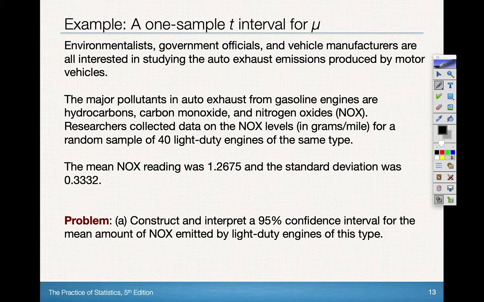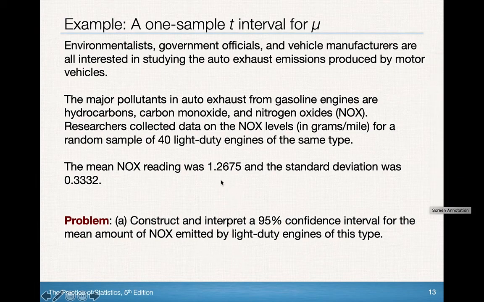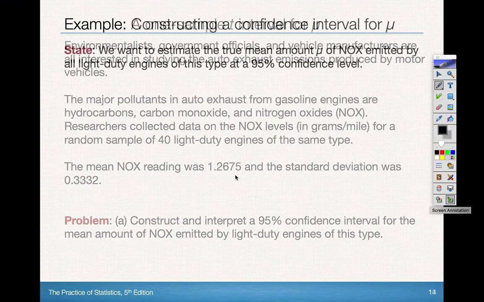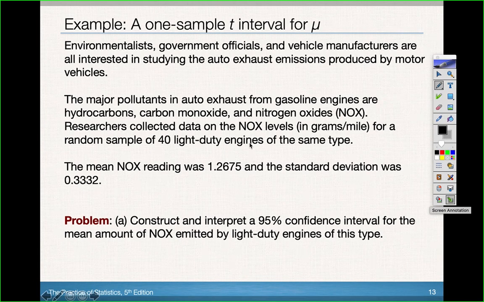Well, we have a lot of things on here that are already good to go. What do we have? We have our point estimate. Our point estimate is 1.2675. Our standard deviation is very close. All right, so things we need, things we have. Let's dissect the question. Things we have right here, x bar.